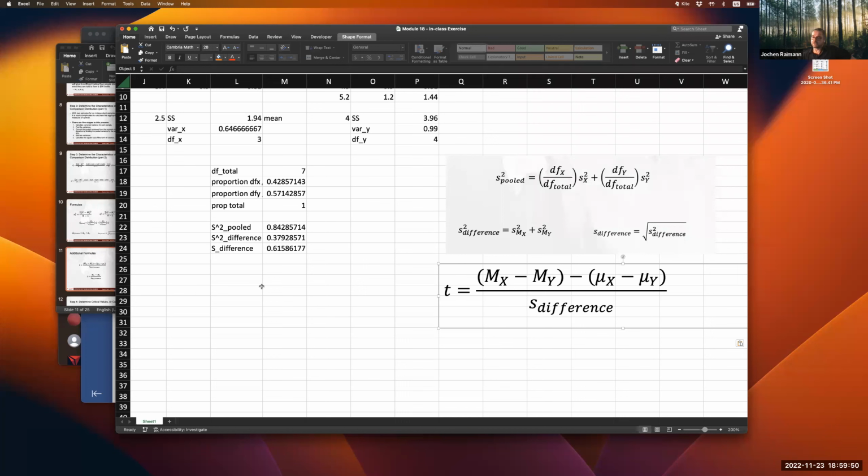So now we're basically doing the same thing. We have here mean X minus mean Y, and we're subtracting from that our null hypothesis, which under the null hypothesis that there's no difference between X and Y means would need to be 0.